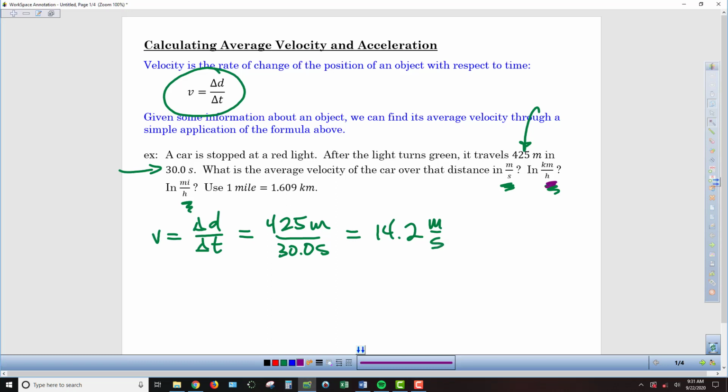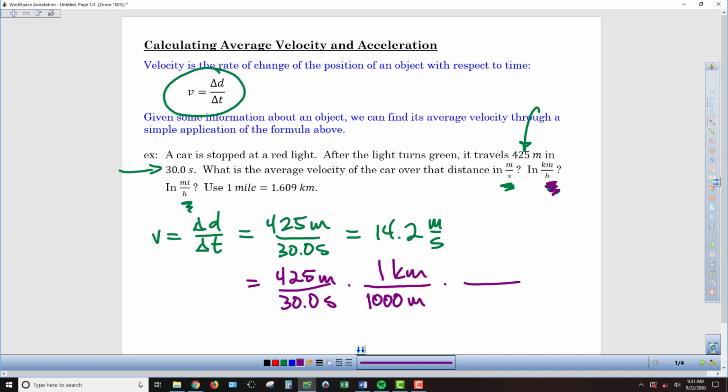To get our result in kilometers per hour, we're going to start off with that exact same calculation, 425 meters over 30 seconds, but now I'm going to need to use some conversion factors. I need to get from meters to kilometers, so we've got 1,000 meters in 1 kilometer, and then we've got to convert our seconds into hours.